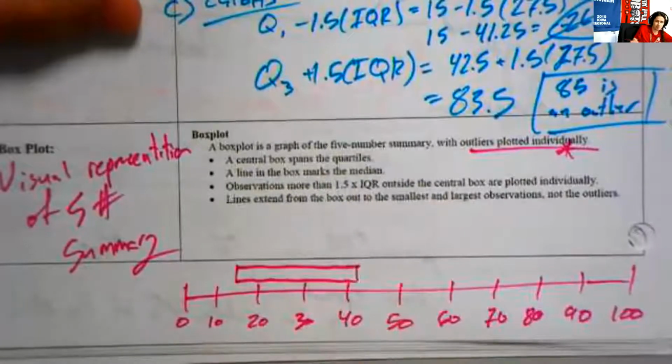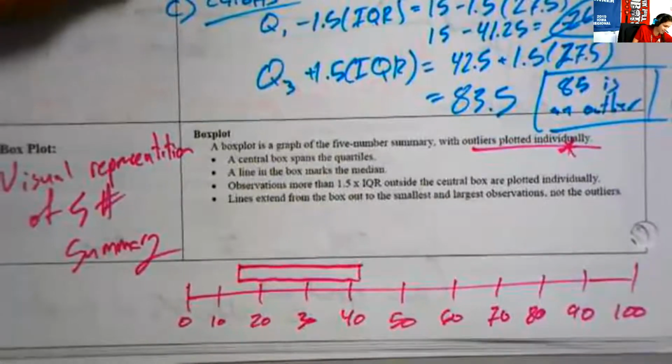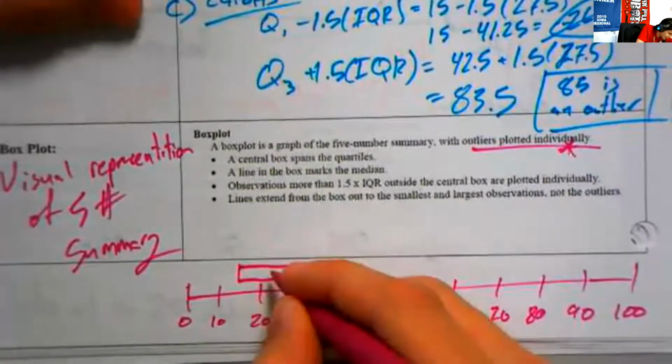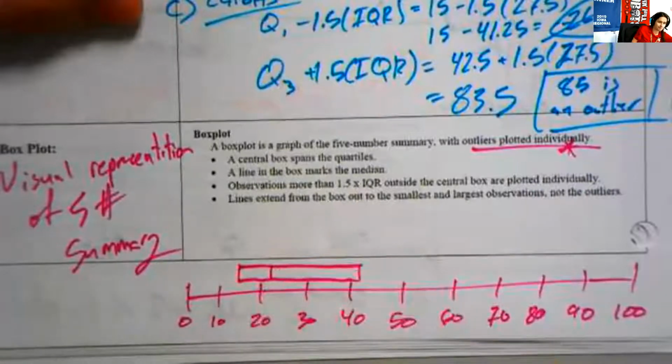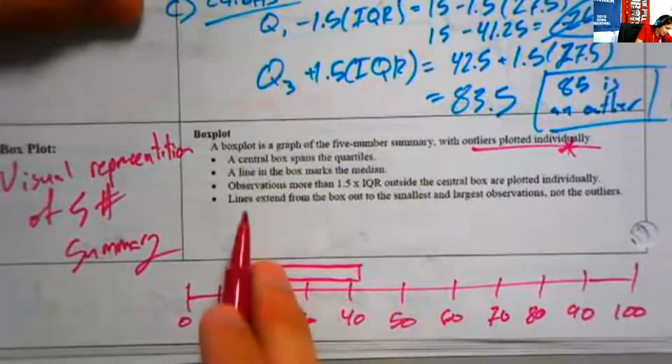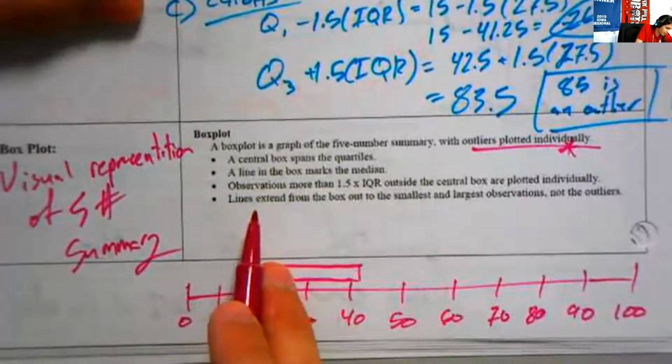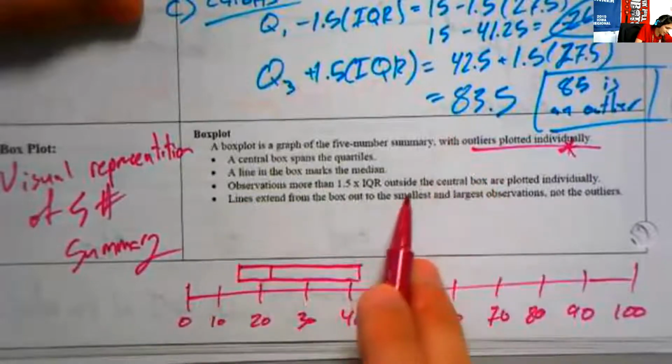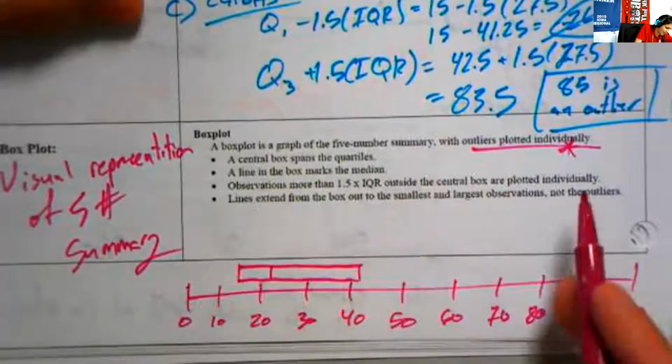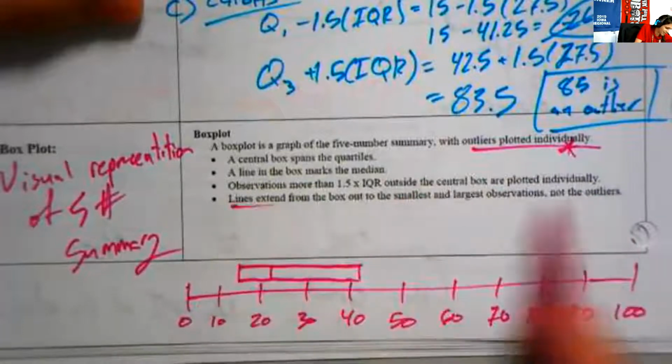What is that? That box is where the middle 50% of folks live. I put a line at the median, right there at 22.5. I put whiskers to the largest observations that are not the outliers. The lines extend from the box to the smallest and largest observations, not the outliers.